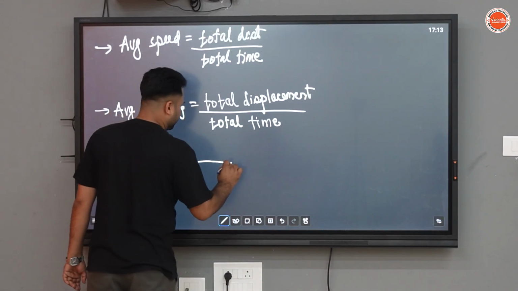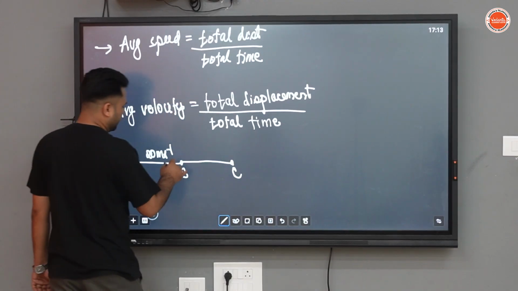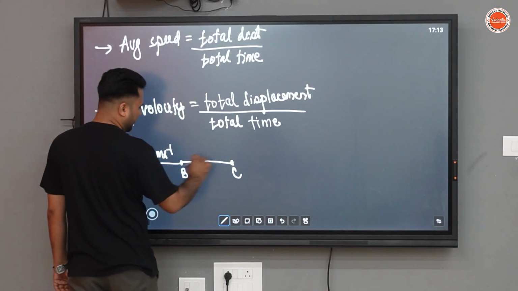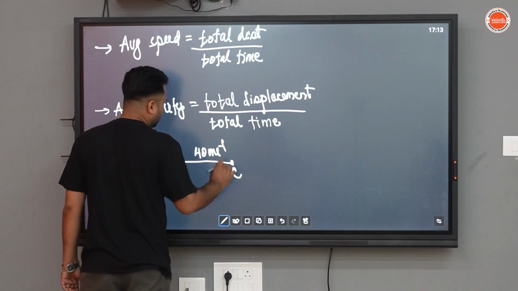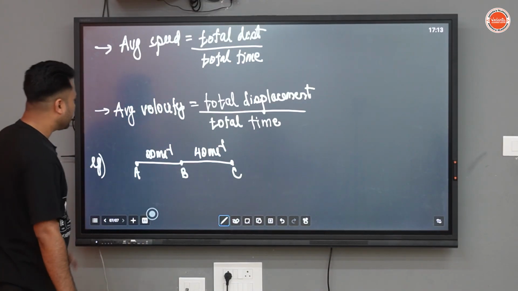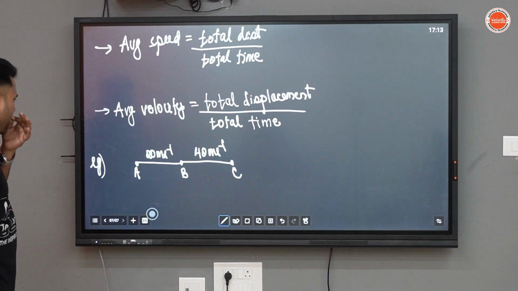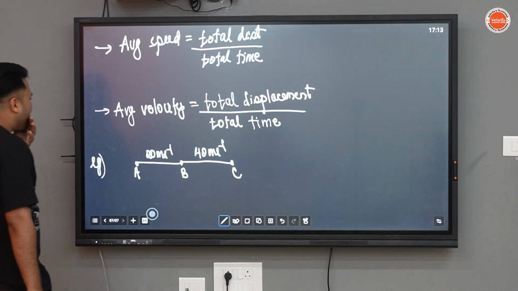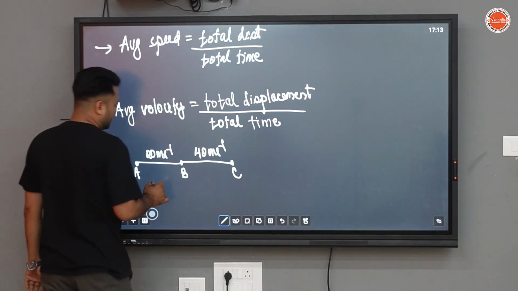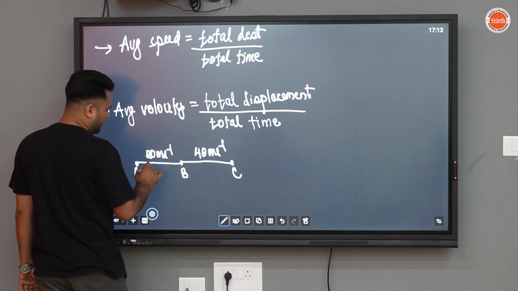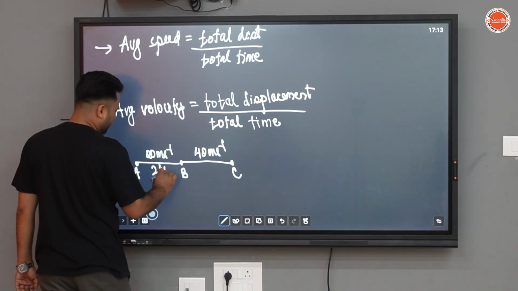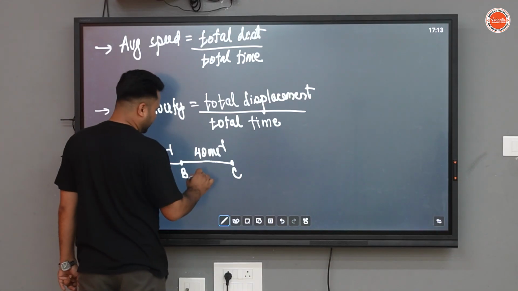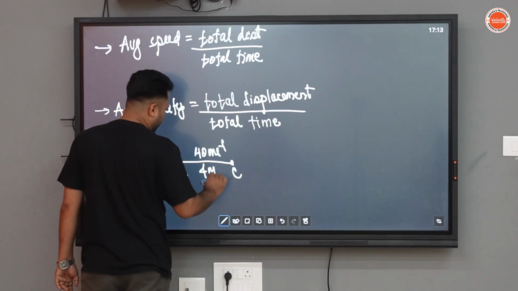Now from B to C he changes the speed, and B to C the speed is 40 meter per second. Okay. This distance is suppose 2 kilometer or 2 meter A to B, and B to C distance is suppose 4 meter.